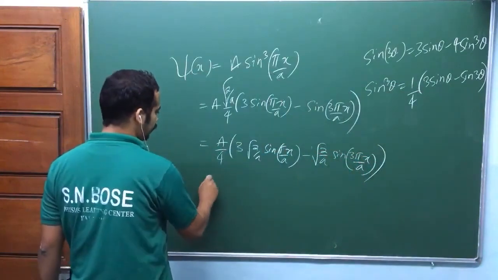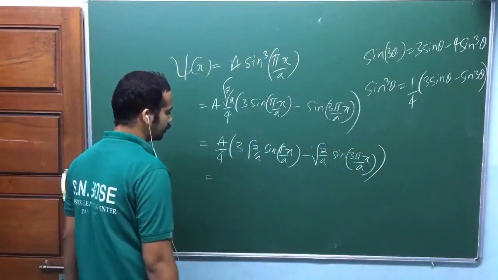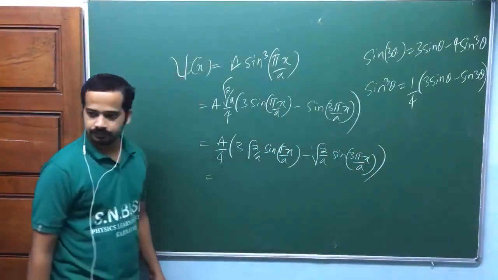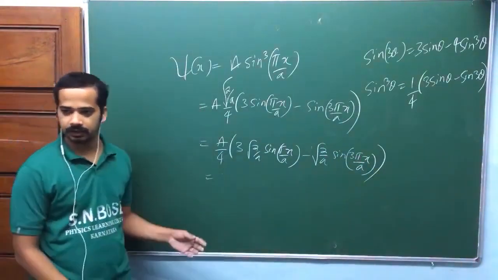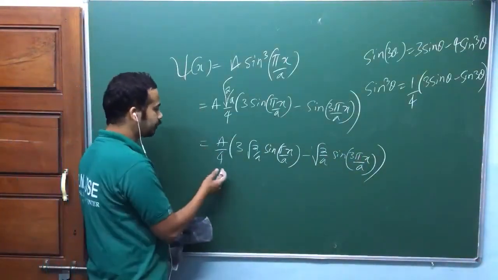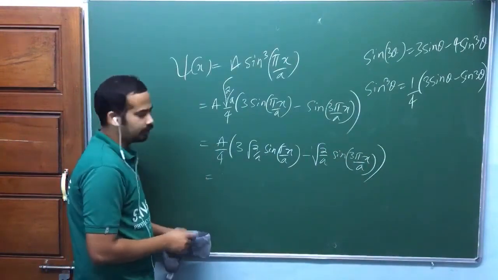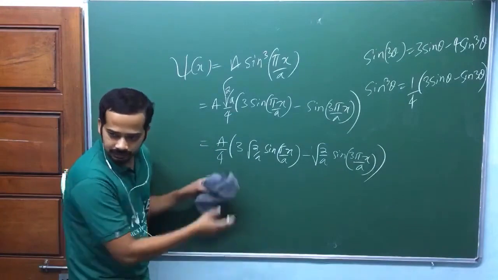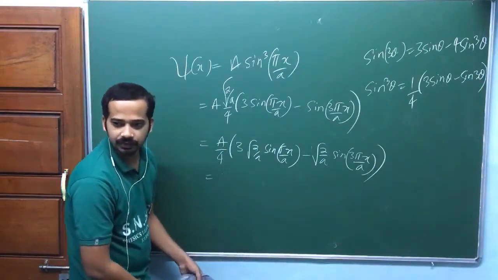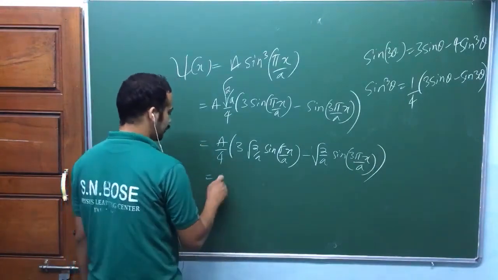And now, that's why I'll throw off 1 by 4 also. I don't need that one. This is also common, am I right? Or I'll absorb that 1 by 4 into a. It is inside a. You just think like that. Or a by 4, define it as b. In the next step, it would be easy for you, isn't it? That's what I'm saying. Is that okay?